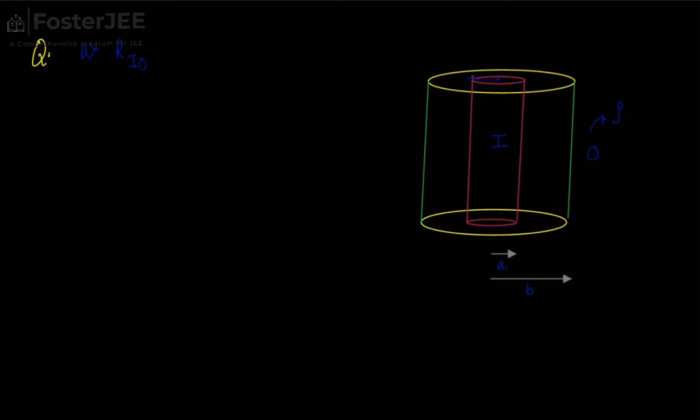The current will flow in radial direction, in all possible directions, from all possible paths, and we have to find the resistance between inner and outer part.